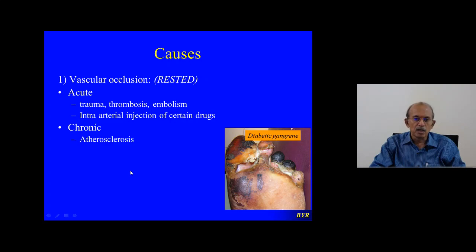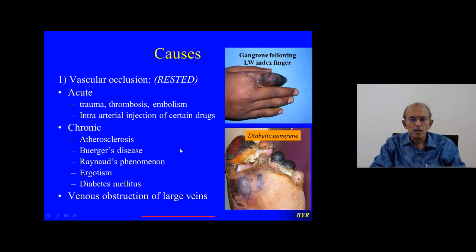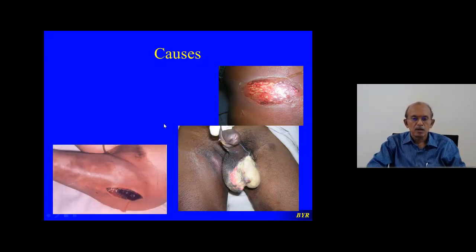Then chronic occlusion: atherosclerosis, Buerger's disease, Raynaud's phenomenon, ergotism, diabetes mellitus, and sometimes obstruction to the large veins like the femoral vein and iliac vein can cause gangrene. So the number one cause is vascular occlusion.